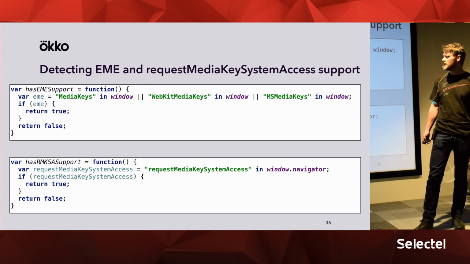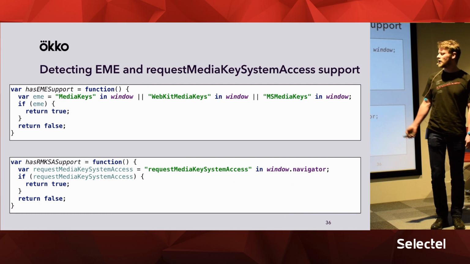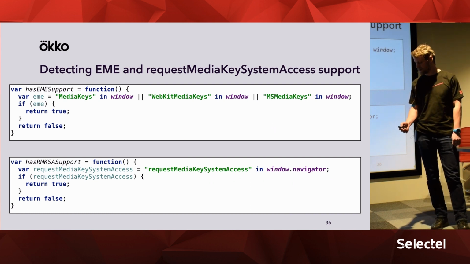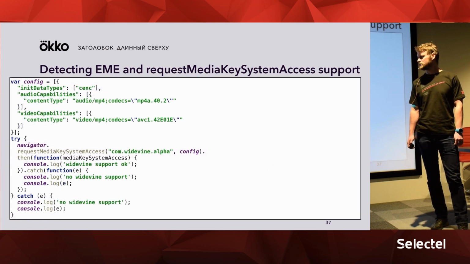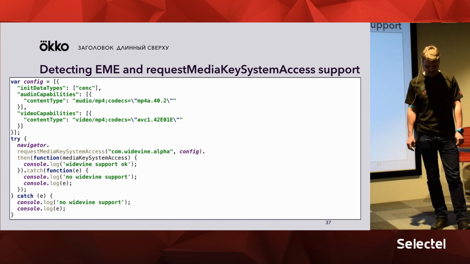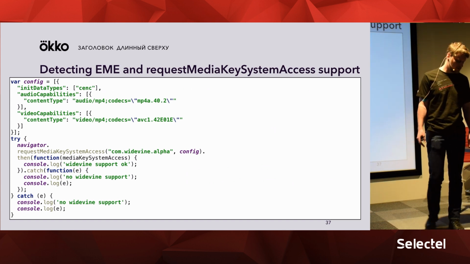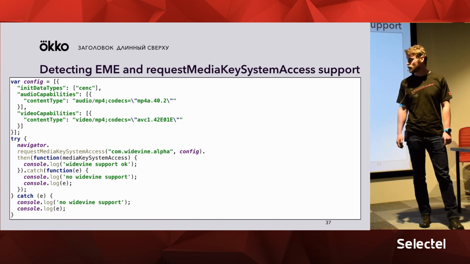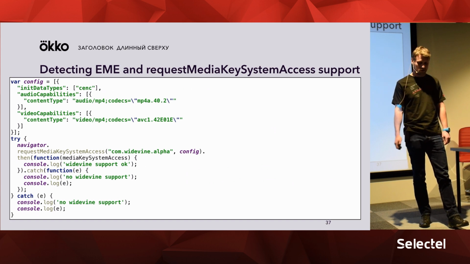Then you request what key systems are inside. Clear key should be there, but others might not be. So you have to know these keys for the different systems. It's public and can be found easily. And you can also ask MSE what codecs are supported, and you are done.